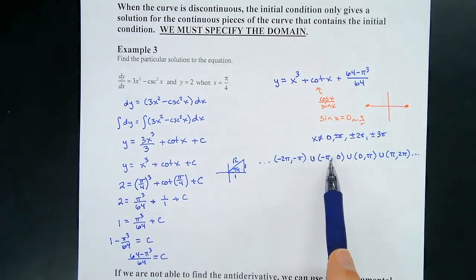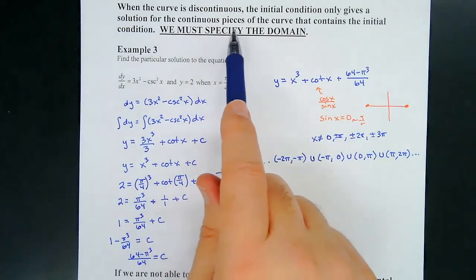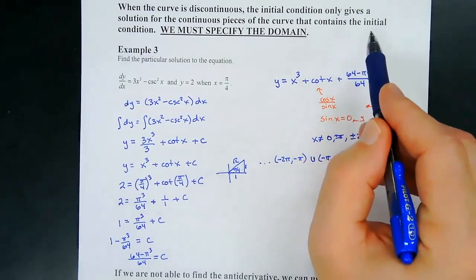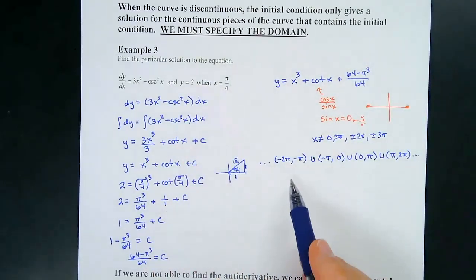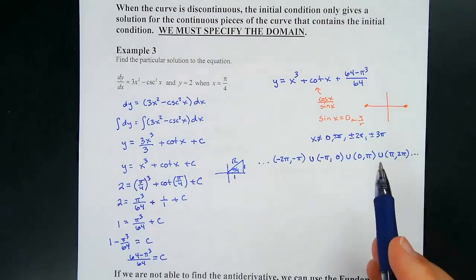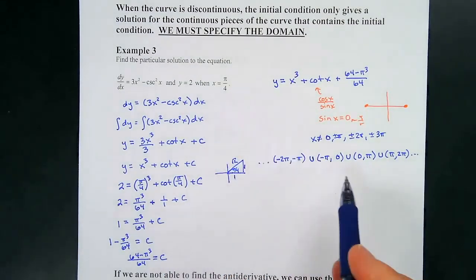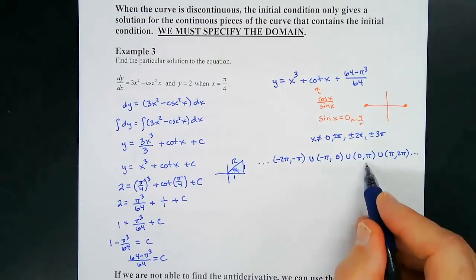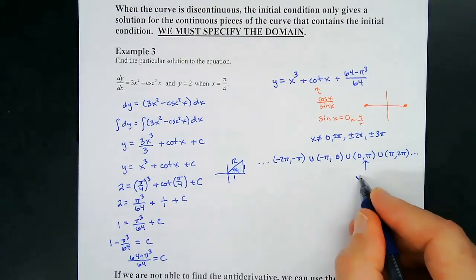So this is where all the continuous pieces are. The continuous piece of the curve that contains the initial condition. So this is all based on your x values. So where is x equals pi over 4? Well, x equals pi over 4 would be right in this interval right here between 0 and pi.